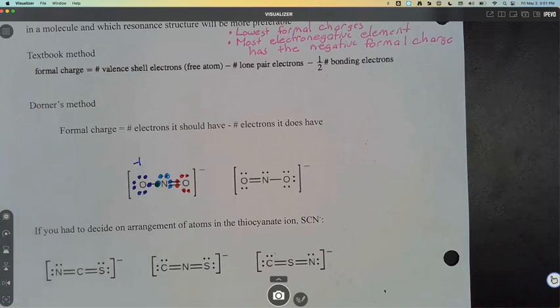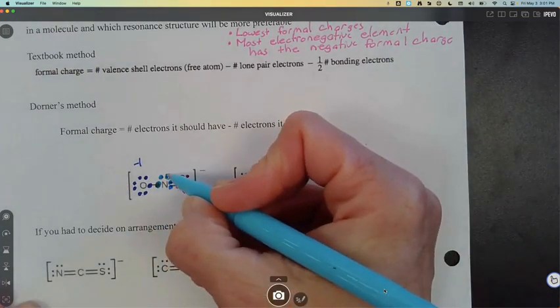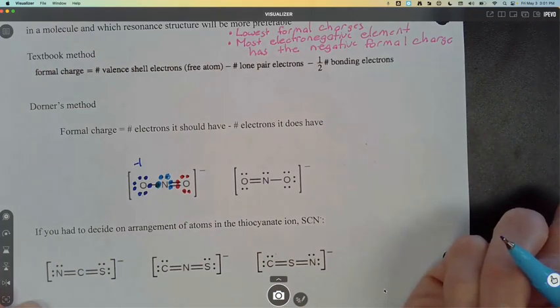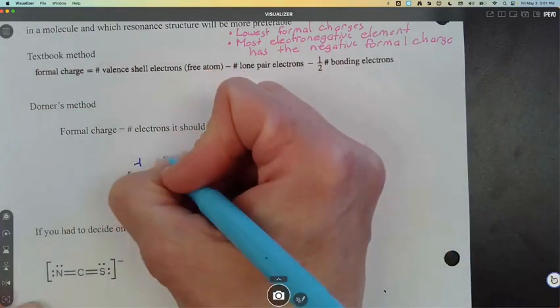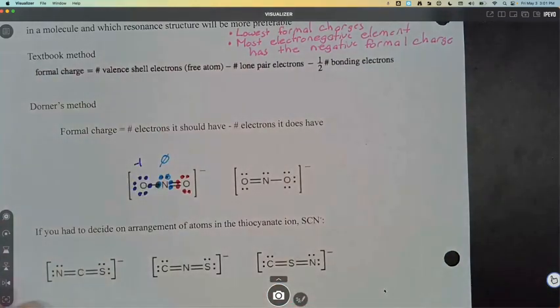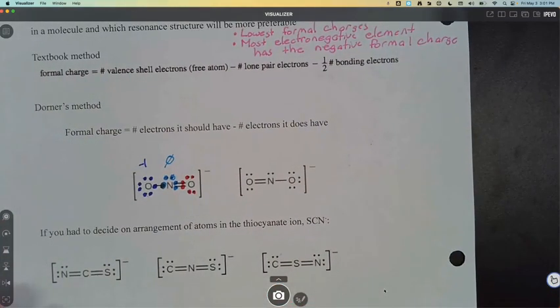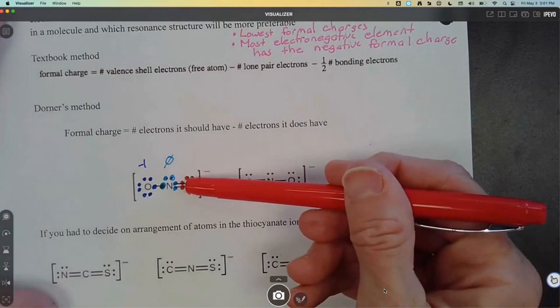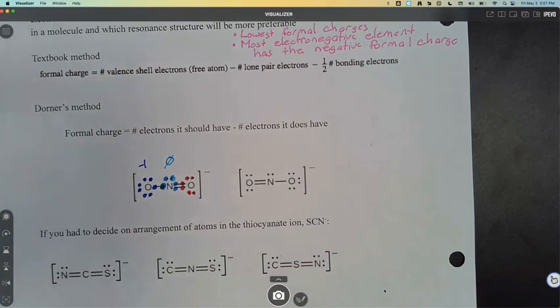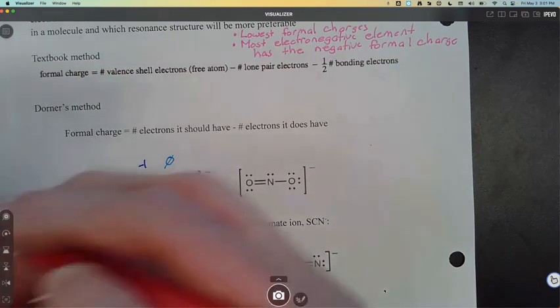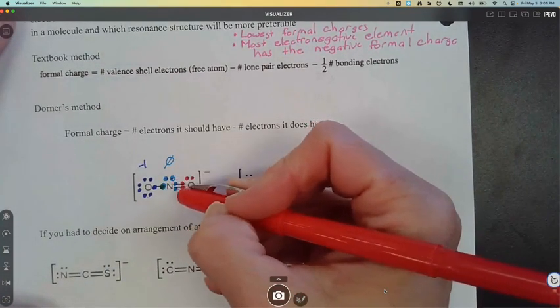The nitrogen is in the 5th column. It should have 5 valence electrons. 1, 2, 3, 4, 5 valence electrons. It should have 5. It does have 5. Things that have the number of electrons they should have no charge. And then out here to this oxygen, oxygen should have 6 valence electrons. 1, 2, 3, 4, 5, 6.